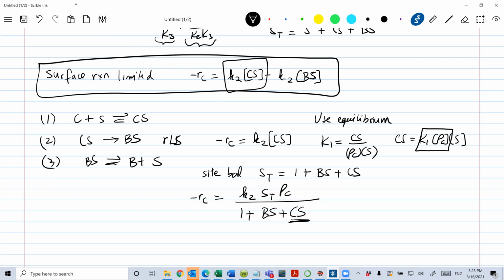If it was in the denominator, would it inhibit? So if the pressure of C shows up in the denominator, it will inhibit the reaction as you increase the pressure of C. Yeah. Got it. And then last thing, I just wanted to clarify the pentane isomerization that you did as an example. That was an example of adsorption limiting, right?